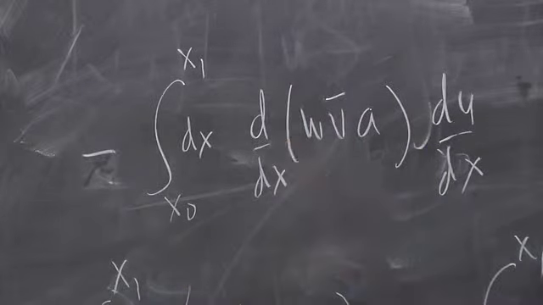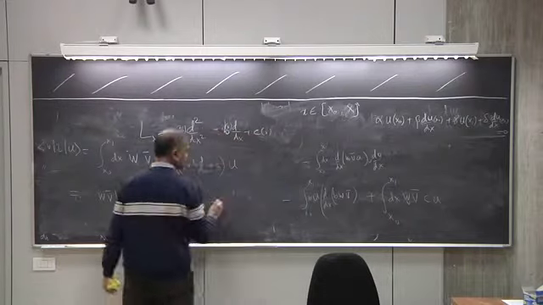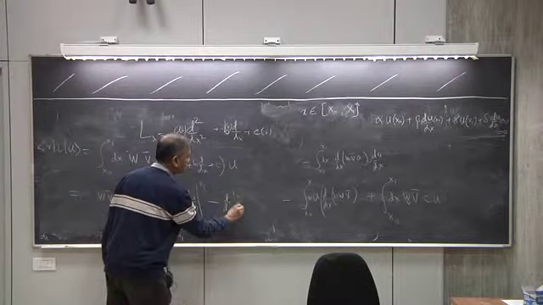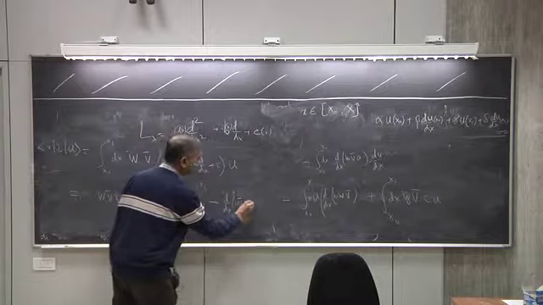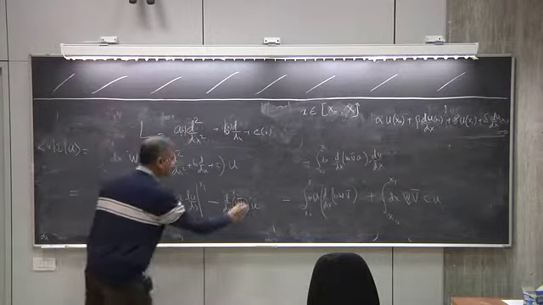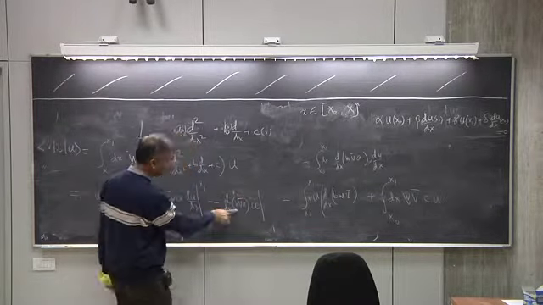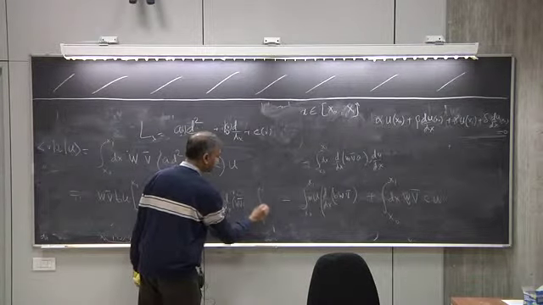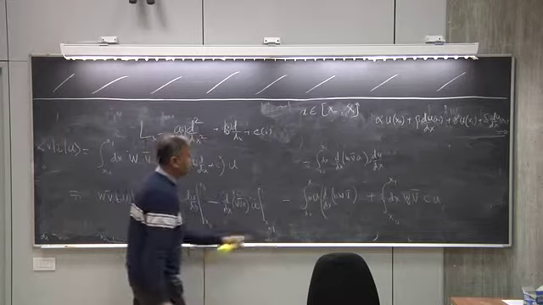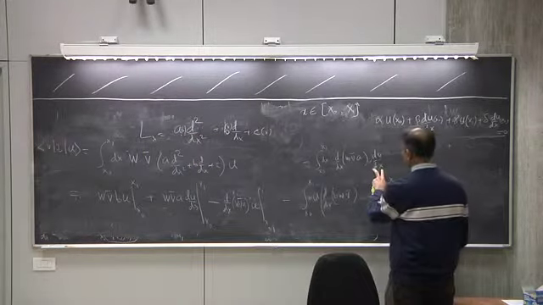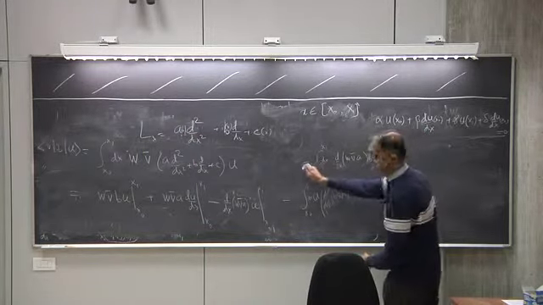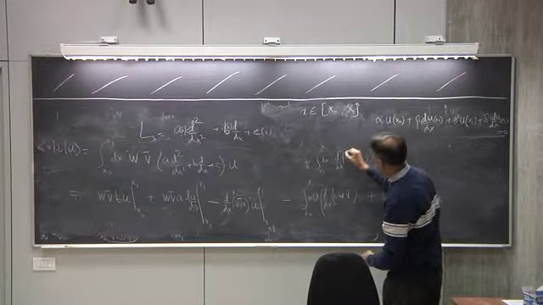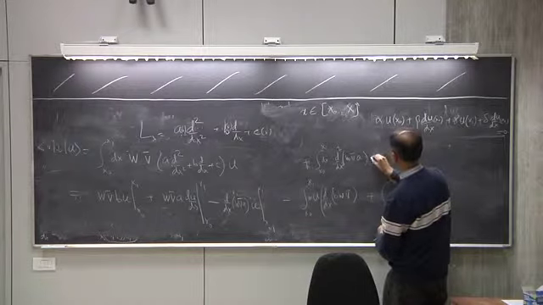So that time I will get a boundary term, which will be minus d by dx acting on w v bar a times u, right? I mean, d by dx is only acting there, not on the u, x1 to x0. And then the other term would be simply d by dx acting here with this flip of the sign, right? So it will become plus d2 by dx2, and then here you just get u.